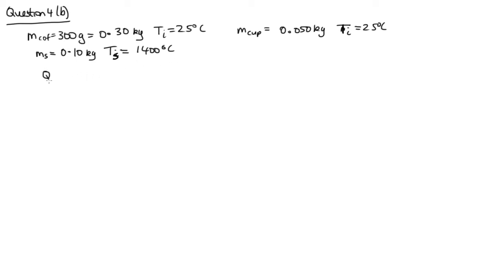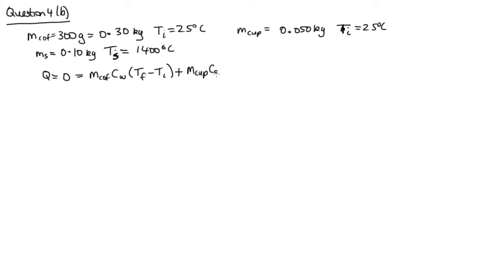So the total heat transfer in this case is 0. Anything lost by the sphere is gained by the coffee and the cup. So we can write that the mass of the coffee times the specific heat capacity of the coffee, which we're told to model as water, times the change in temperature. So that's the final temperature minus the initial temperature. So this gives us the heat gained by the coffee plus the heat gained by the cup, which is the mass of the cup.